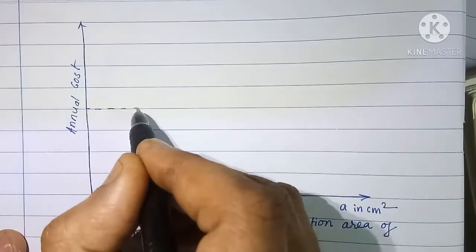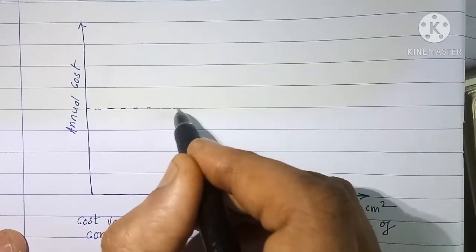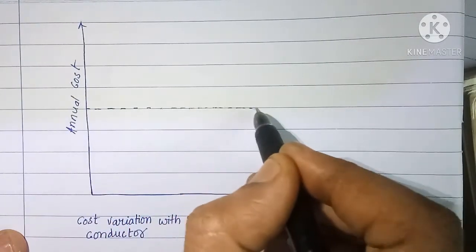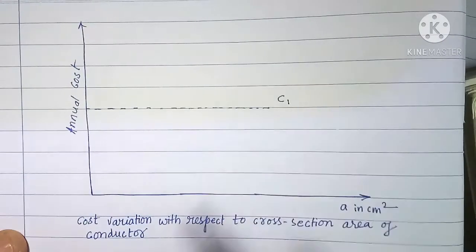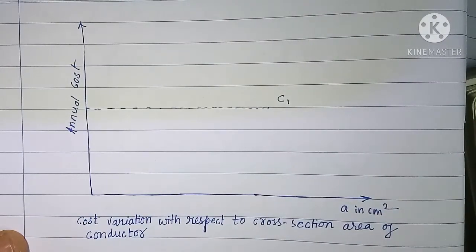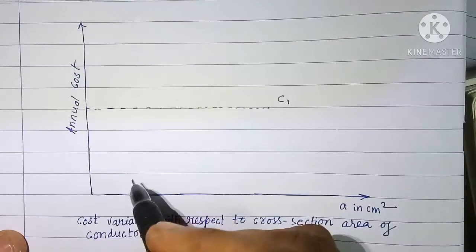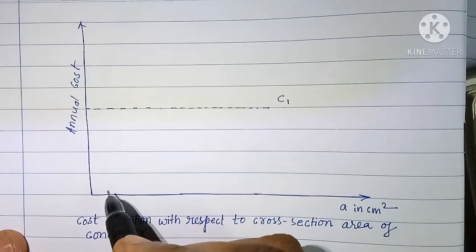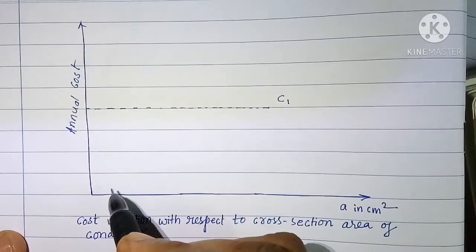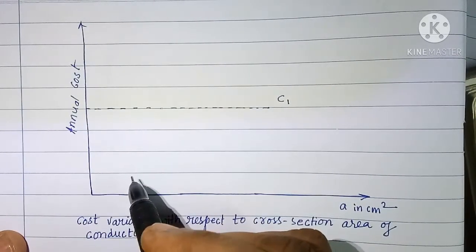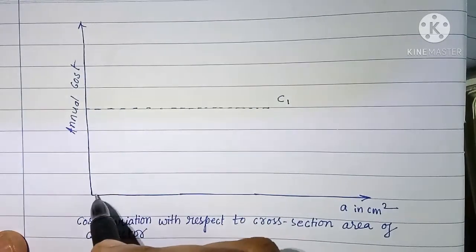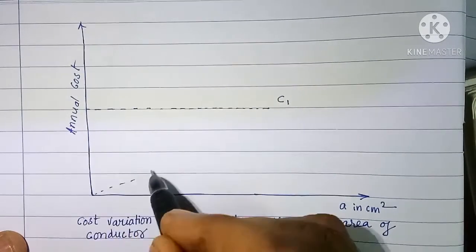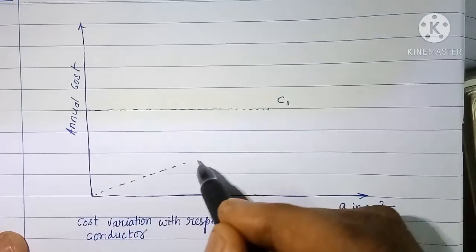Let us say the fixed cost is C1 and cost proportional to cross sectional area is C2A.